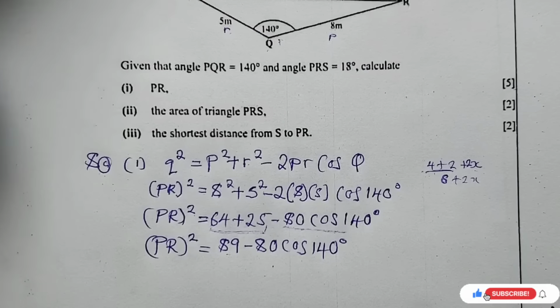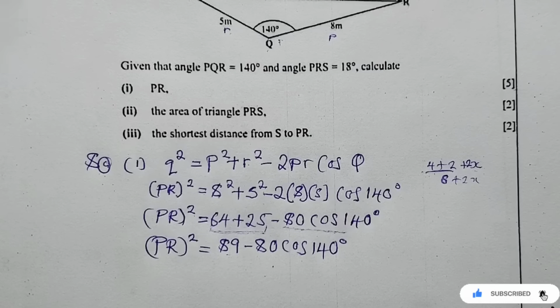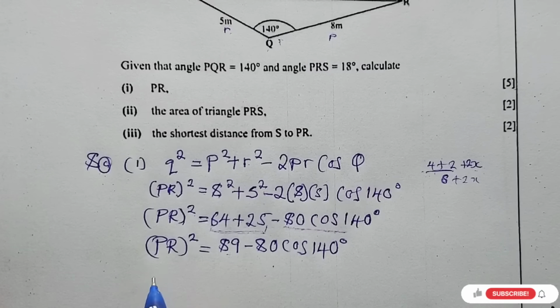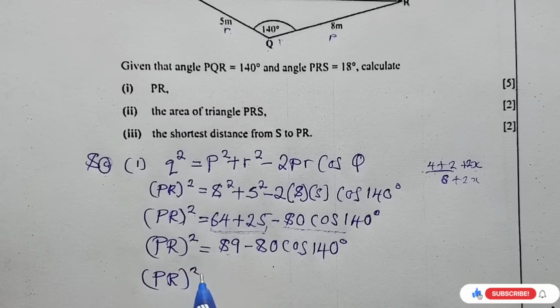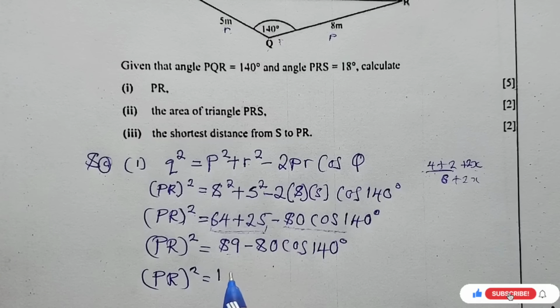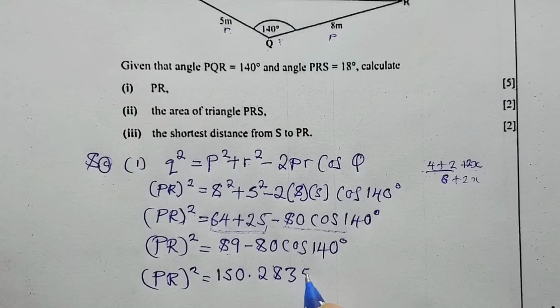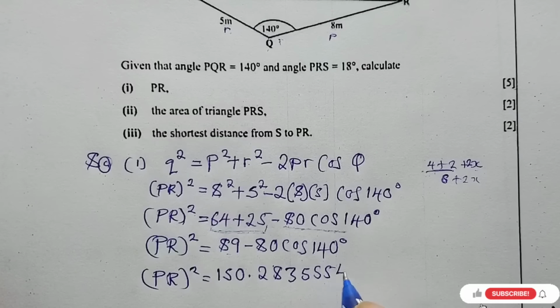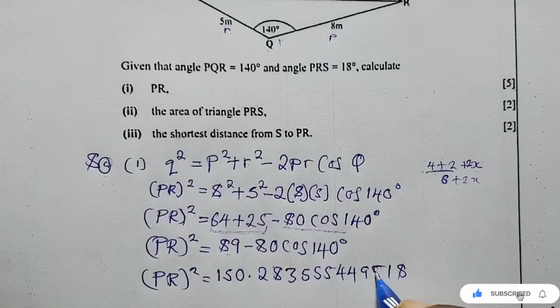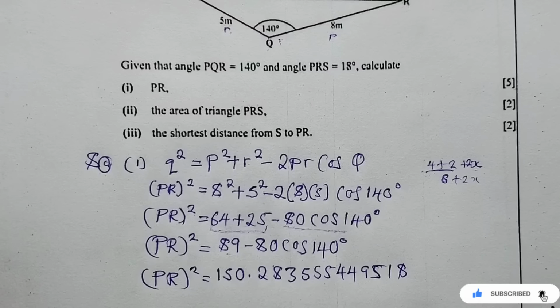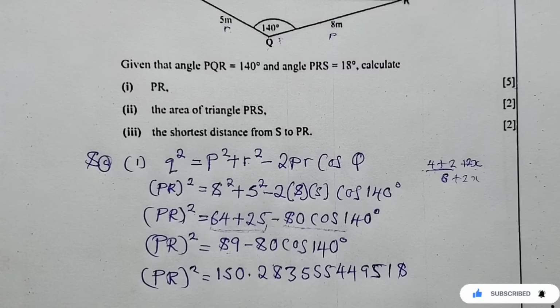So you have 89 minus 80 cos 140, and PR squared is giving me 150.2835555449518. So you just copy it the way it is.